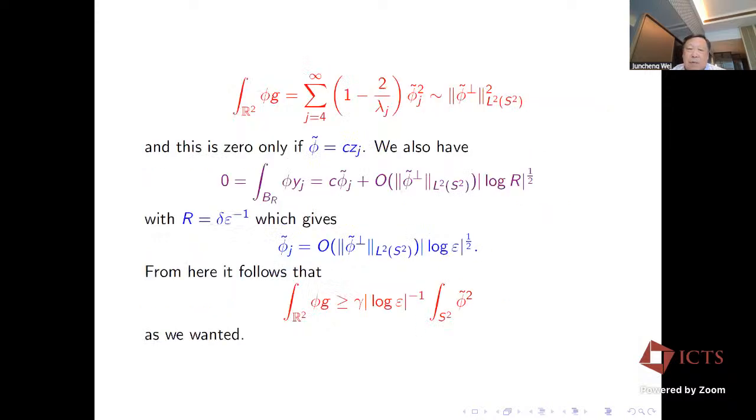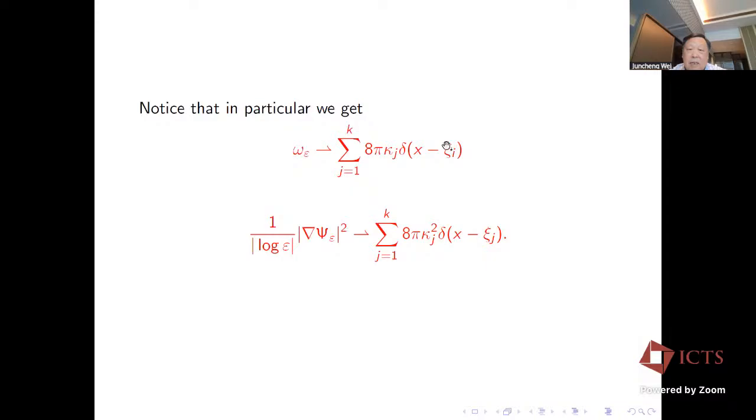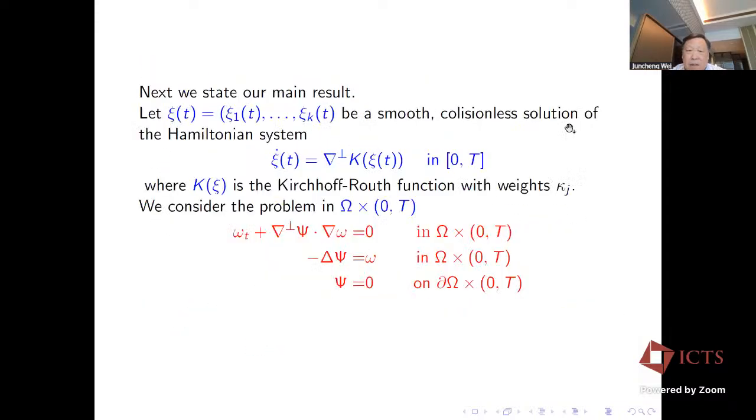So the result we prove is a dynamical correspondence.